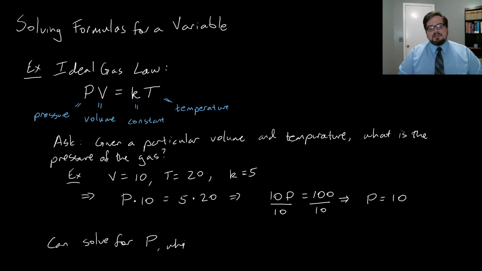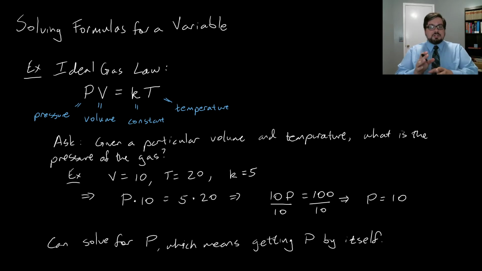And what that means is getting P by itself. Coming up with an equivalent equation using all of our rules of algebra, adding, subtracting, multiplying, and dividing from both sides of an equation, but where we want to get P by itself. So let's go ahead and do that.